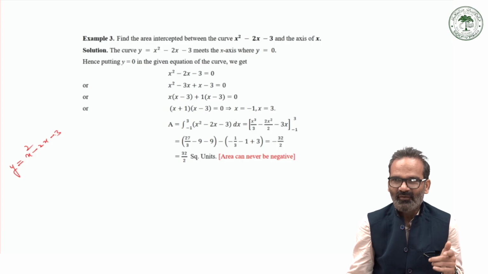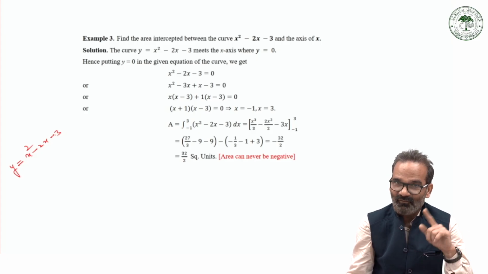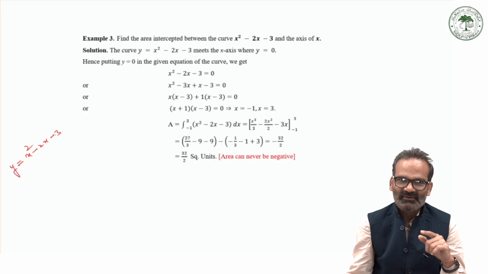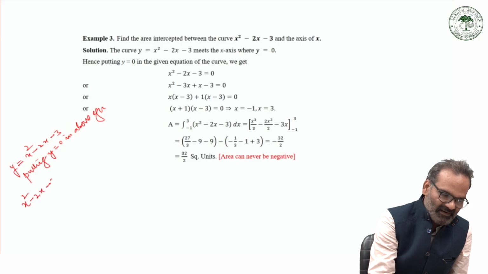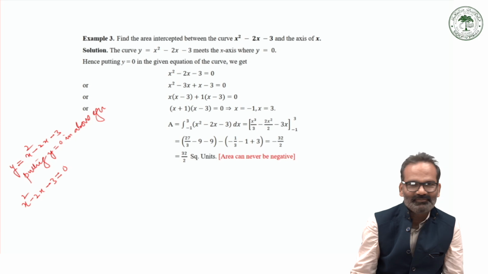And you know, on the x-axis, y equals 0. So putting y equals 0 in the above equation, what will you get? x square minus 2x minus 3 equals 0.